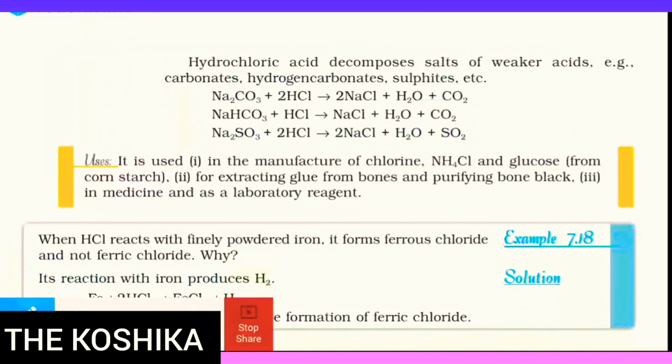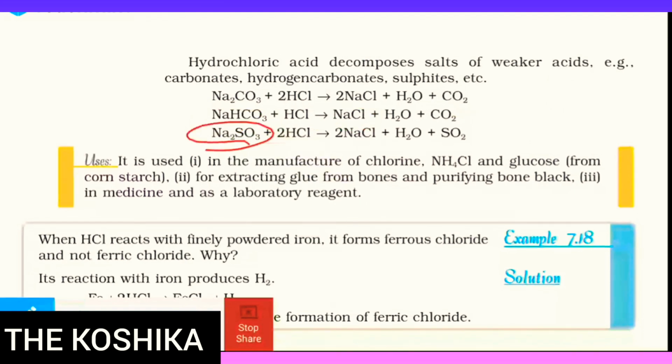Na2CO3 plus 2HCl, it gives you 2NaCl plus H2O plus CO2. तो यहाँ CO2 गैस रिलीज हो रही है. इसी तरह से हाइड्रोजन कार्बोनेट्स की बात करें, ये है सोडियम हाइड्रोजन कार्बोनेट. You can see this. When it reacts with the HCl, it also gives you the salt, water and CO2 is released here.